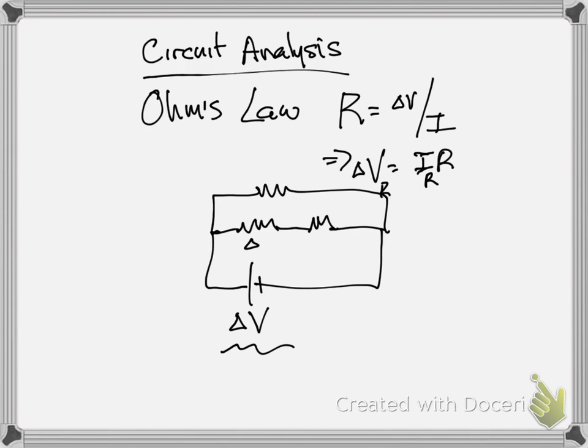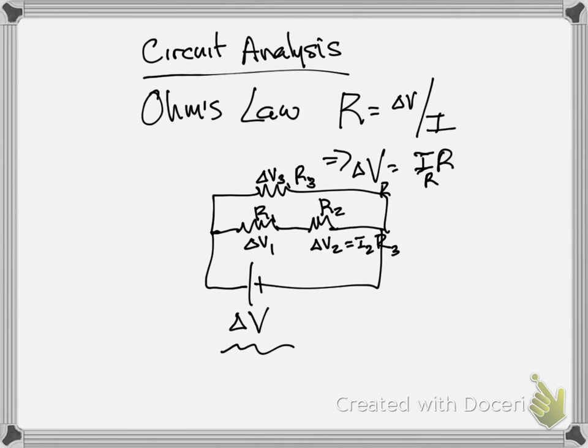Whatever delta V across each one is equals the current through that resistor times that resistor. So we'll call these R2, R1, and R3. It does not say that delta V of the battery equals I times the resistance. It says that delta V across the resistance equals I times the resistance. That's just a quick overview. We'll come back to that.